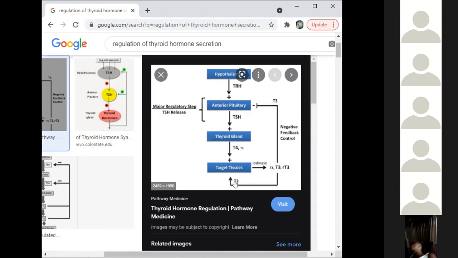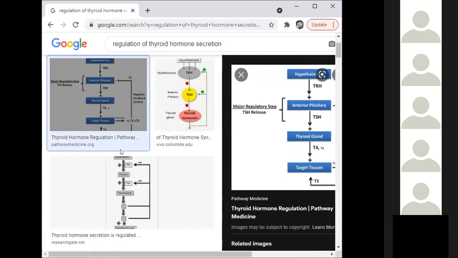And so even negative feedback here is not working. It's still making more. So even though this will become hyperthyroidism, this will become what? A secondary hyperthyroidism. Okay. And then you can actually have the thyroid gland itself going haywire and making excess thyroid hormones, which becomes what? A primary hyperthyroidism. Are you okay with this explanation?